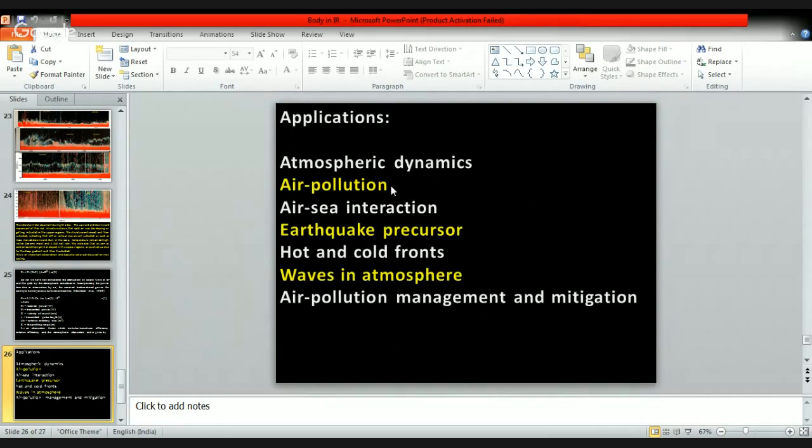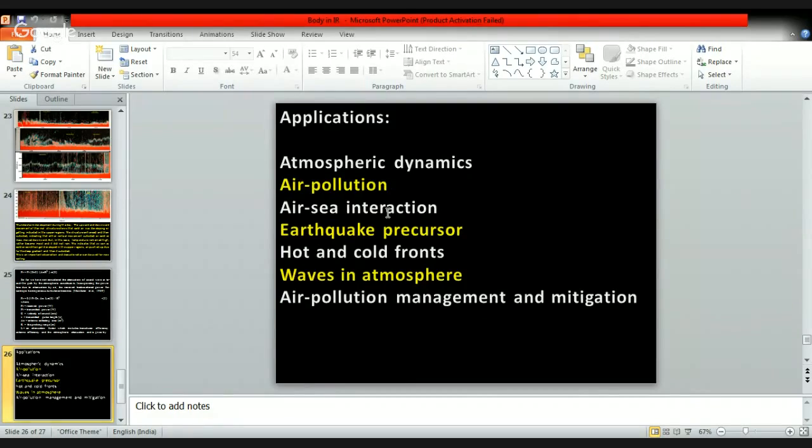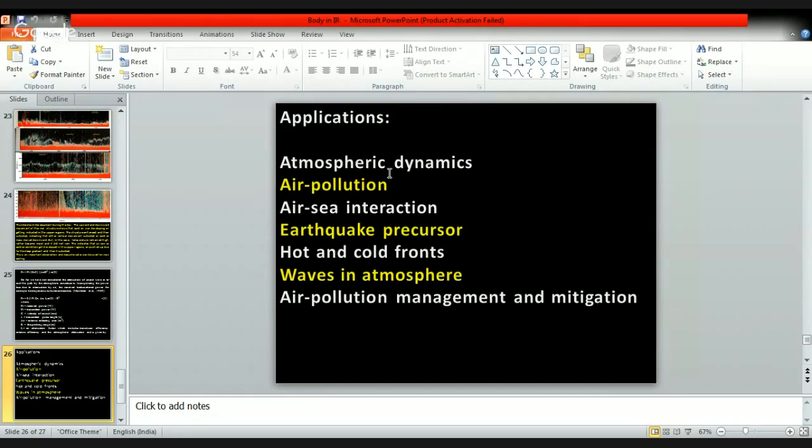So we require a transducer which should be able to handle that kind of power. We receive 10 to the power minus 12 watt or minus 14 watts of electrical power. So that transducer must be sensitive enough to take care of those signals. And then of course amplification, filtration, and all those things are there.